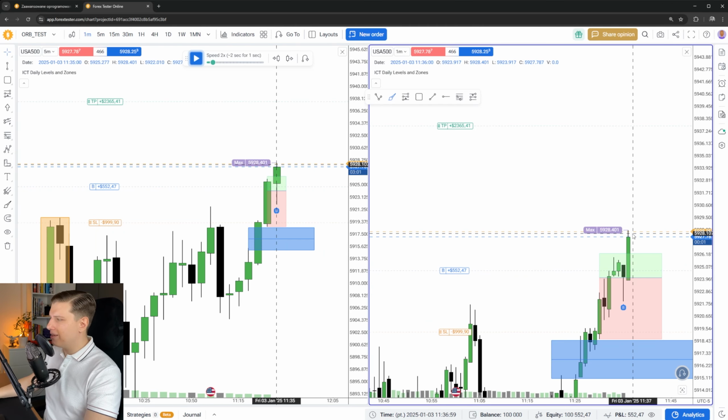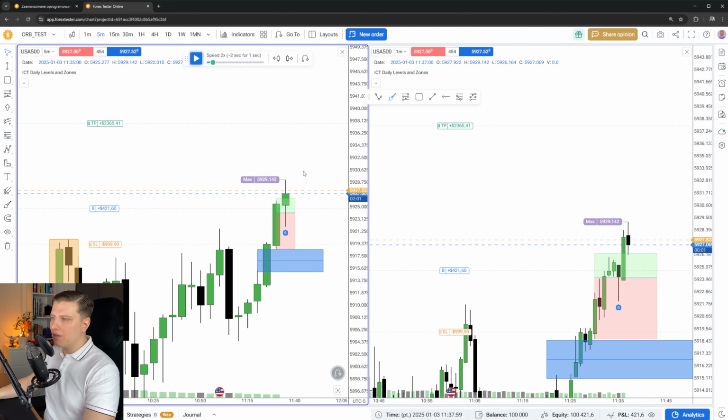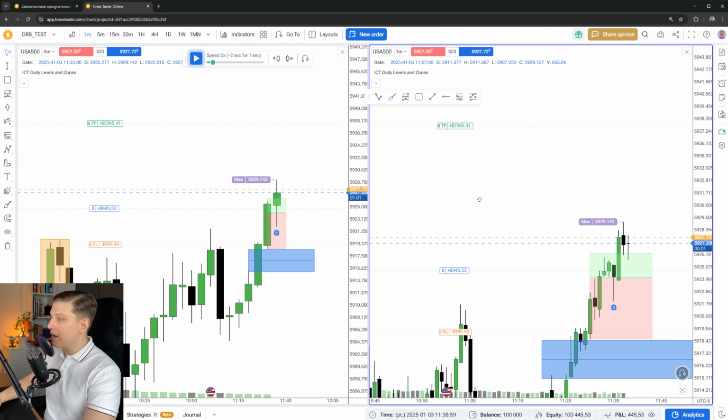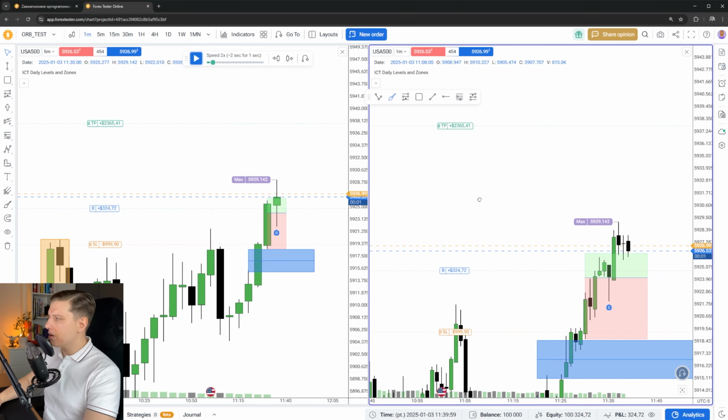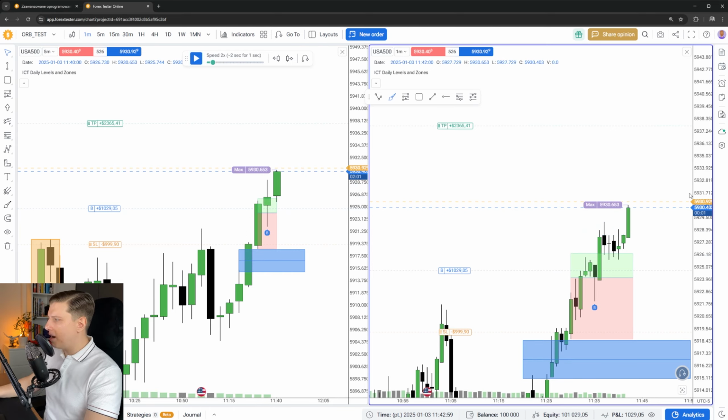Basically, I'm looking for candles exactly like that. I want to see nice green candles also on a 5-minute chart, and as I mentioned earlier, if price will go even higher and close above these highs, I will decrease my risk exponentially just to basically be risk-free.